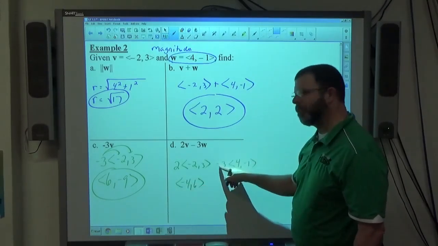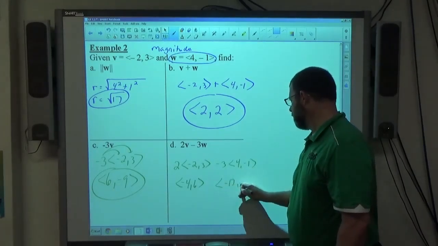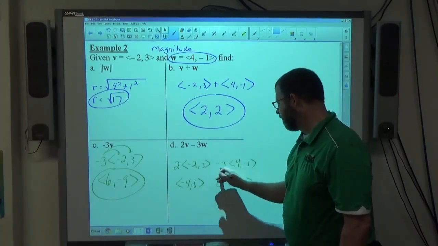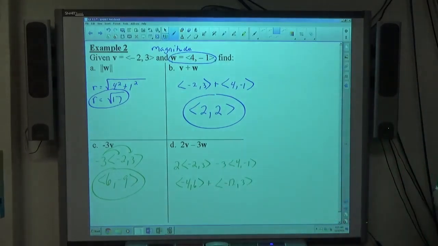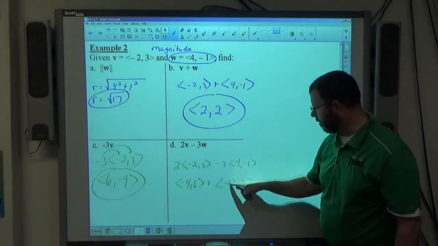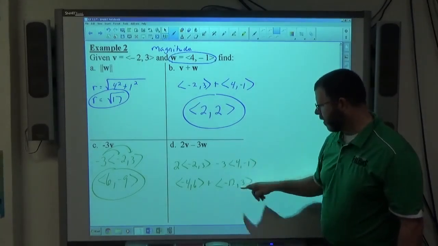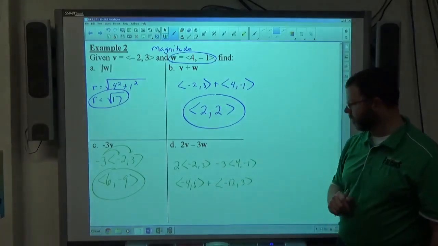For me personally, I'd multiply -3 through here, so it's going to be -12, +3. And since I multiplied the negative, I'm going to put a plus sign now between them. You could also multiply a +3, keep a minus sign between them. Your choice. But if you do multiply the -3, so both of these, -3 times 4, -3 times -1, created this product. Because you've already dealt with the negative sign, now it's a plus sign.